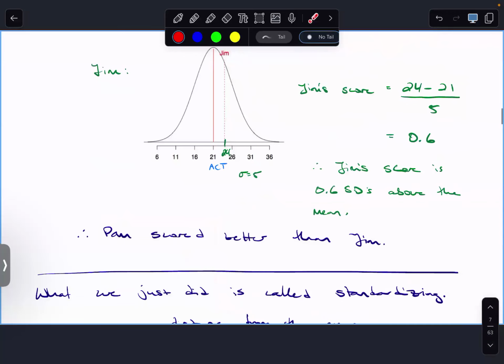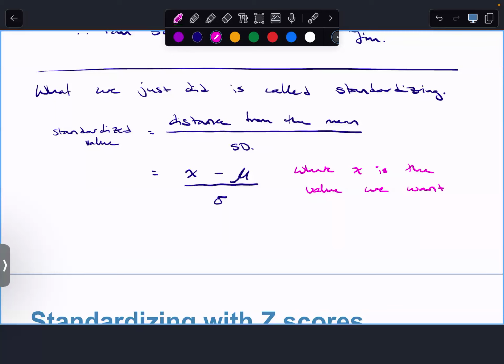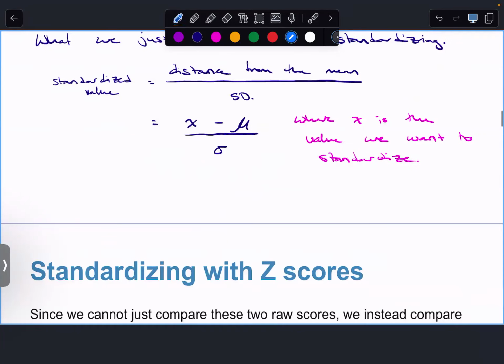And so what we do is we take x minus mu divided by sigma, where x is the value we want to standardize. I'll also write a note here.